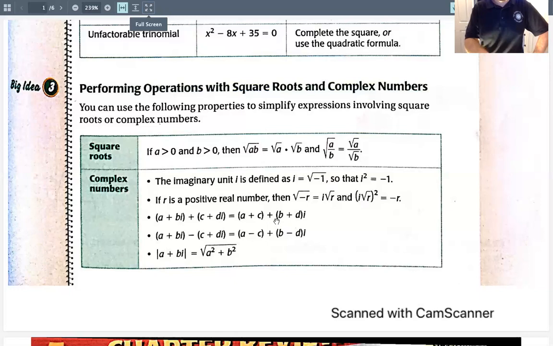If r is a positive real number, then what you can do is factor out a -1, so that it's positive r times -1. Then you can say the square root of -1 is defined as i, and then you just have the square root of r. When you square that, the square gets rid of the root r, makes it r. But squaring the i makes it negative. So you're just going to get -r. Make sure you see that.